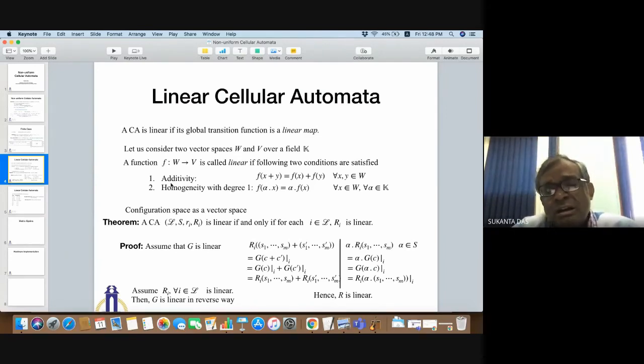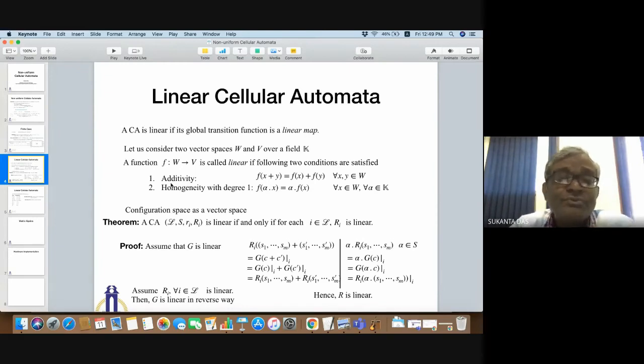For simplicity, you may assume that L equals Z, I mean, it is a one-dimensional CA. This is true for finite CA as well as infinite CA. It is true for any L; it is not lattice size dependent. So if each rule Ri is linear, then the CA is linear.